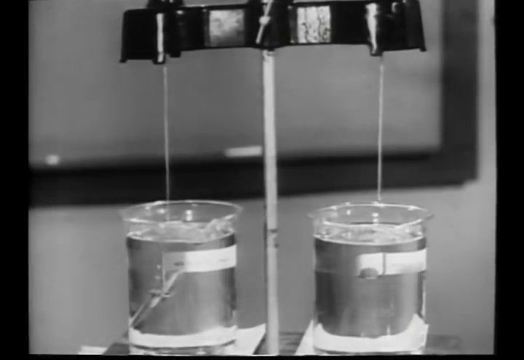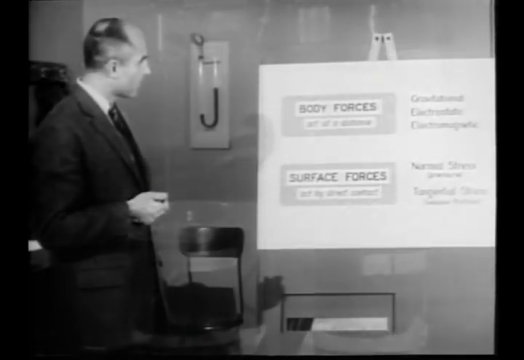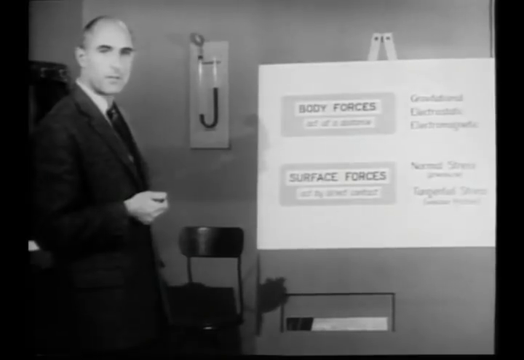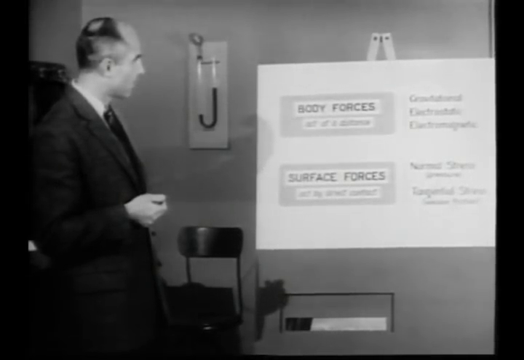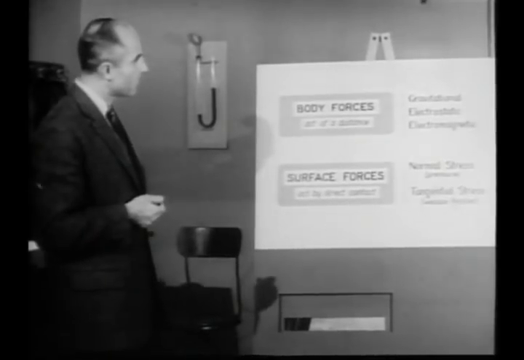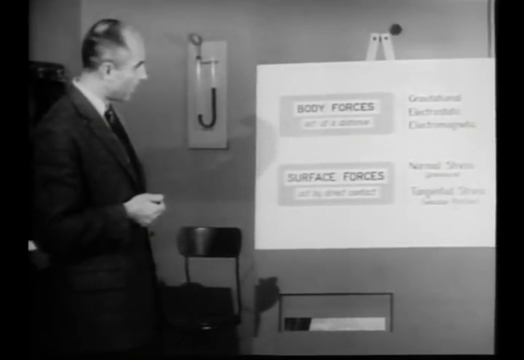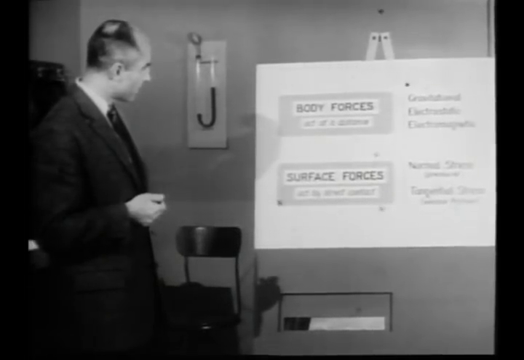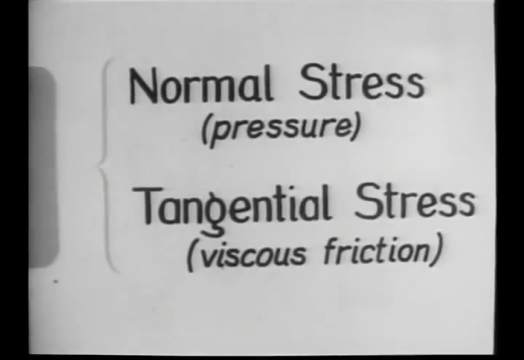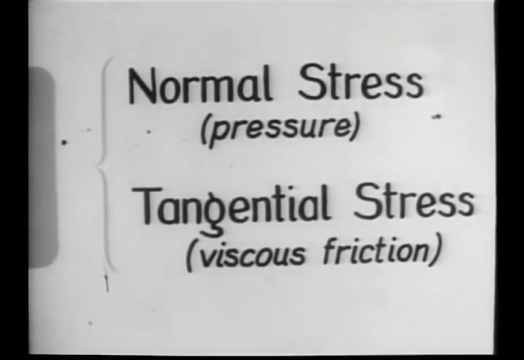But we measured only the net weights, and so the circumstances of our experiments were such that gravity was automatically compensated for. And the other body forces, electrical, magnetic, were not present in our experiments. This leaves us only with the surface forces. That is, pressure forces and viscous forces.